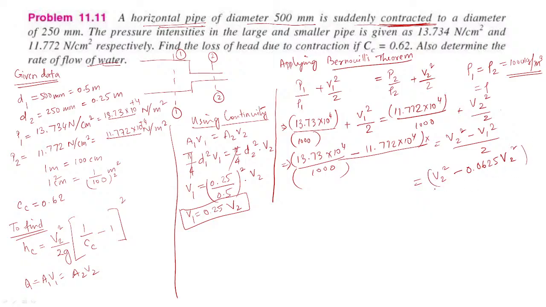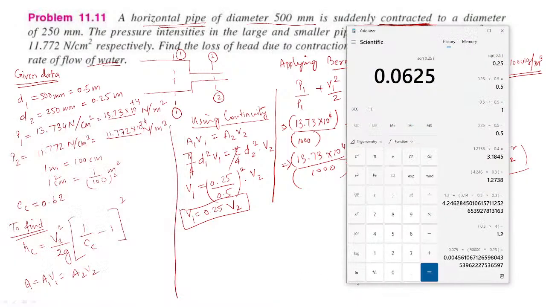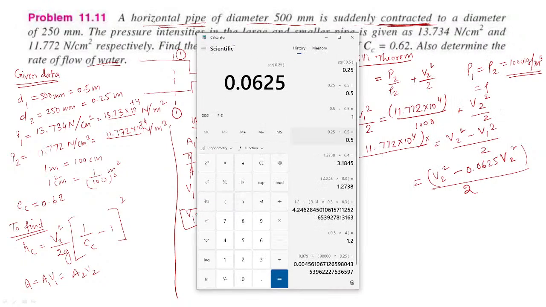So let me rewrite it here itself, right? Now if I need to solve this, V2 square minus 0.0625 V2 square, okay, I think I have done something wrong with 0.25 square, no, it's correct.